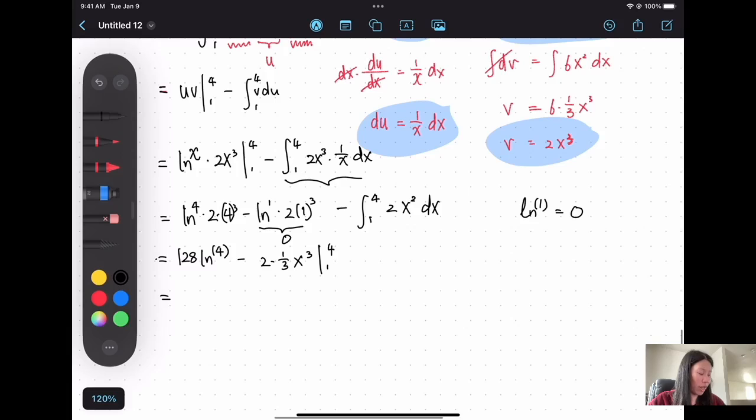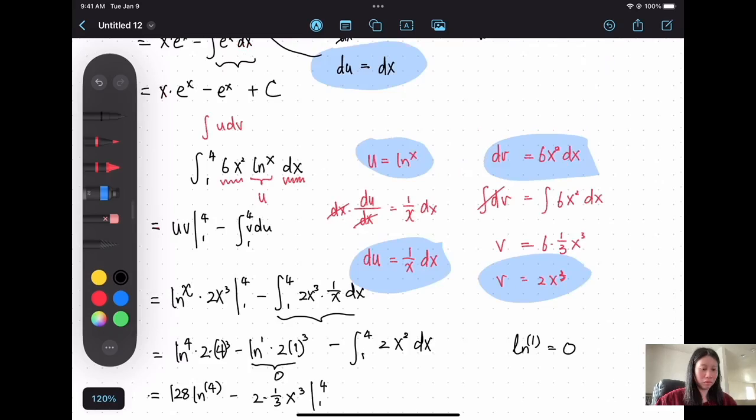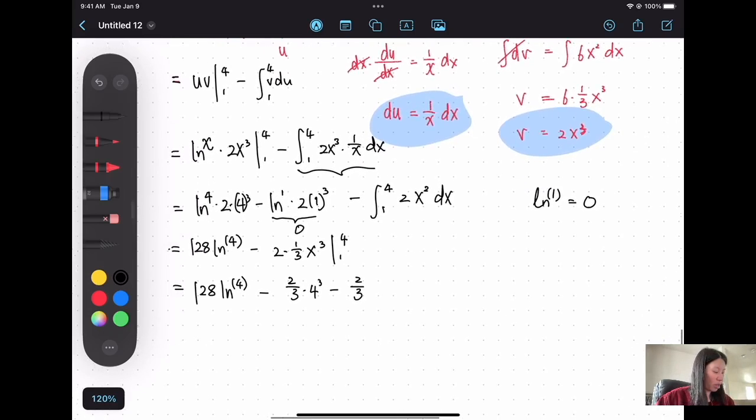Again, when we simplify that, I have 128 times ln of 4 minus 2/3 times 4 to the cubed power, subtract 2/3 and then subtract 1 to the cube.